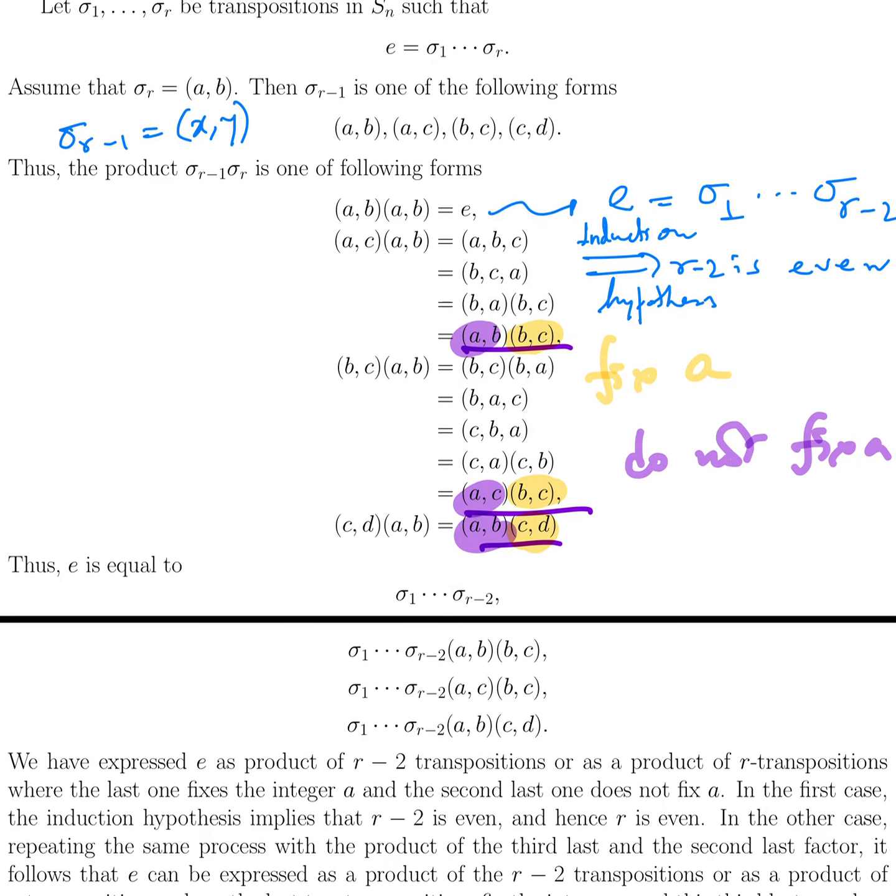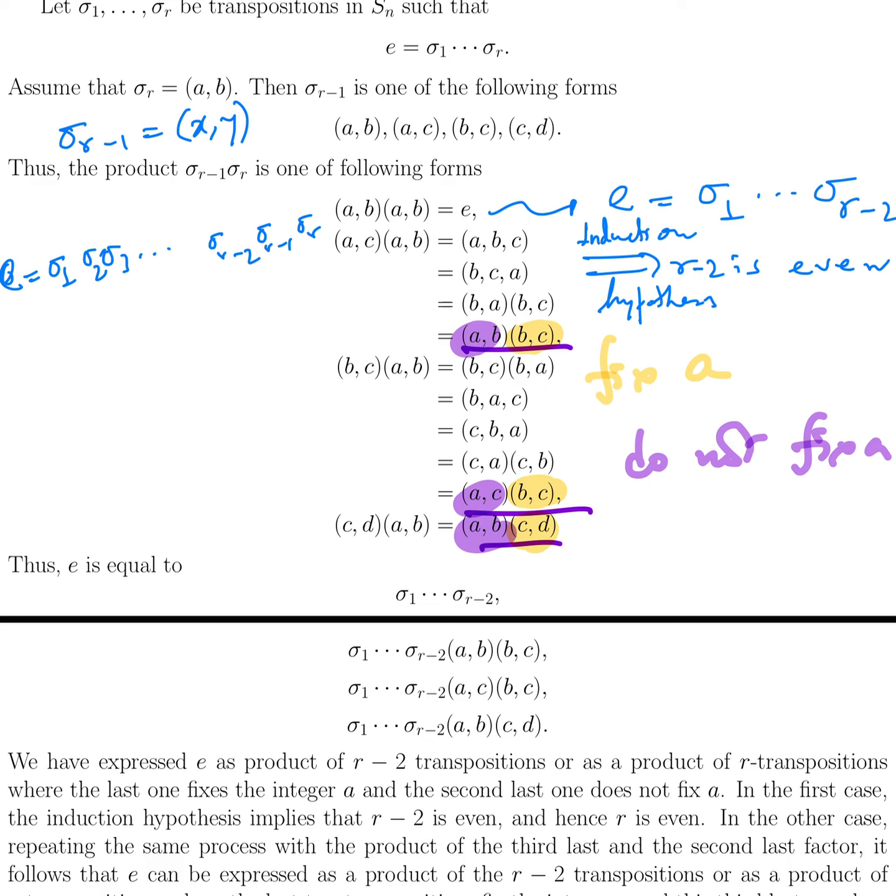And now you can apply the same trick to, so you had that E is equal to sigma 1, sigma 2, sigma 3, all the way till the last one is sigma r, the second last one is sigma r minus 1, that one is sigma r minus 2, and so on. So we have been dealing with these two, the last two transpositions together, and now you can deal with the second last and the third last transposition together, where this one is of the form a comma something, right? So now you apply the same trick.